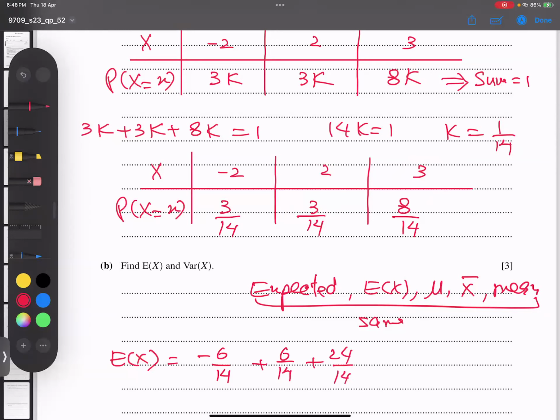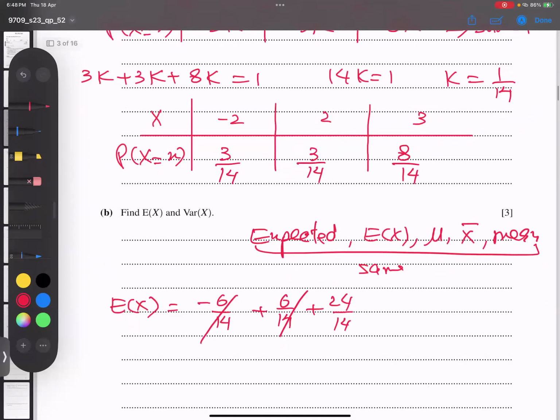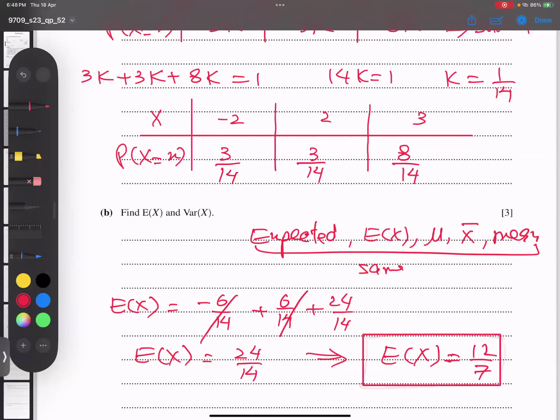And you know it very well, this will cancel out, and this will cancel out, and this is our answer. So E of x is coming to 24 over 14, or in simplest form, 12 over 7. I hope this part is very clear.